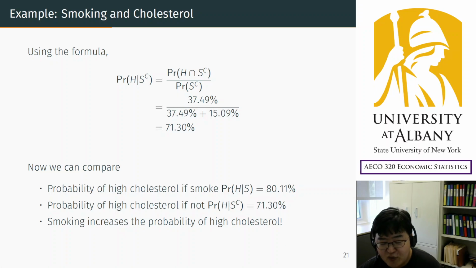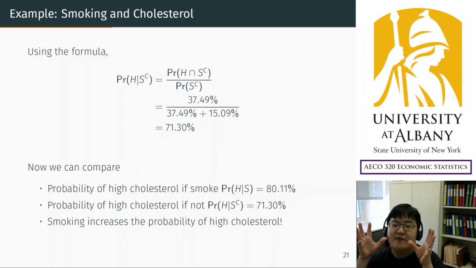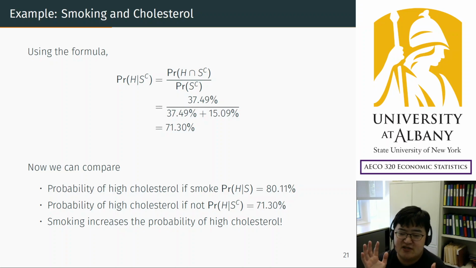By the way, of course, this is just an example for introductory statistics, introductory economic statistics. In practice, in real medical studies, of course, much more complicated methods would be used. So the medical scientific results are not as simple as this, but this is the main idea, right?